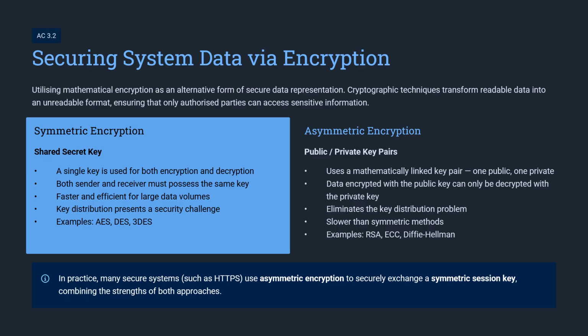In contrast, asymmetric encryption uses a public key and a private key, providing stronger security for secure communication. Many modern systems combine both methods to achieve better security and performance.